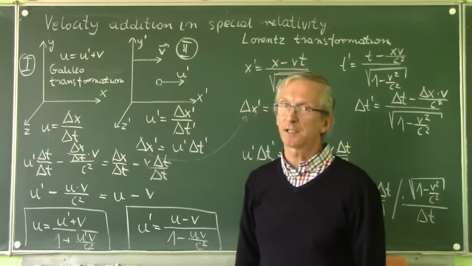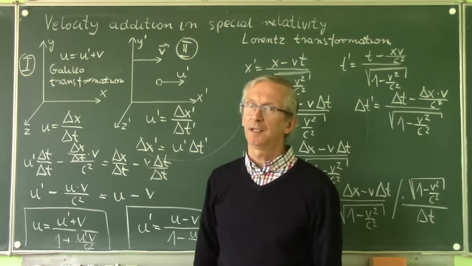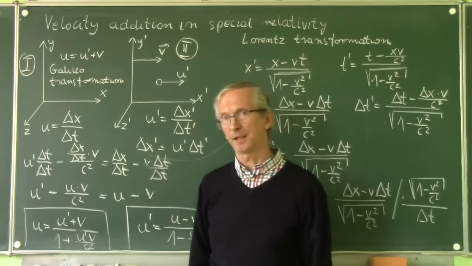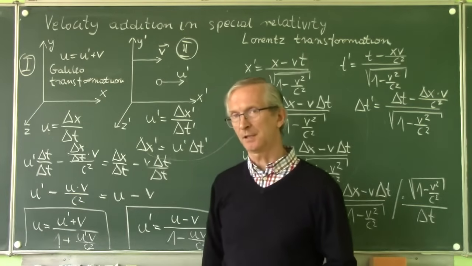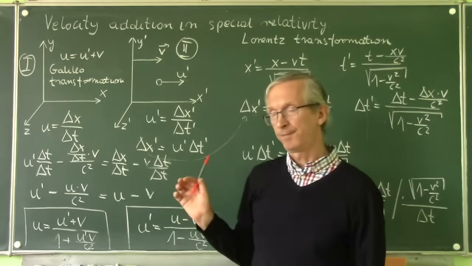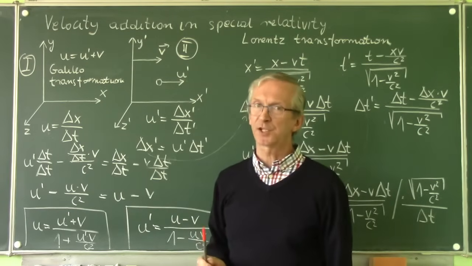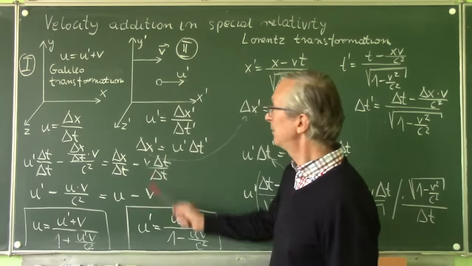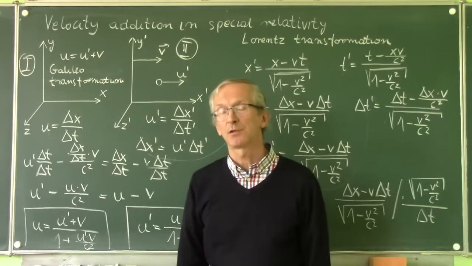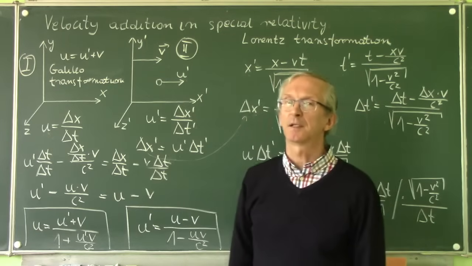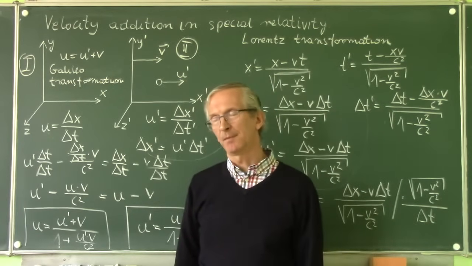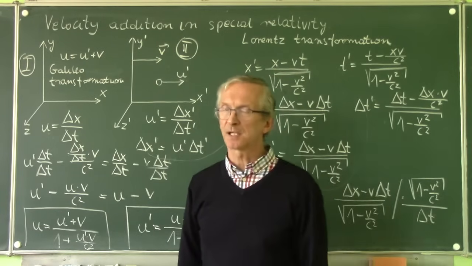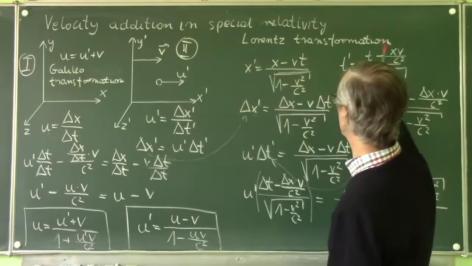It would be greater than the speed of light in the vacuum, and we know that nothing can move faster than light in the vacuum, and the speed of light in all inertial frames of reference is the same and equals c. So we can't use this transformation. We should use a transformation which complies with the main postulates of the special theory of relativity. This transformation is called Lorentz transformation.